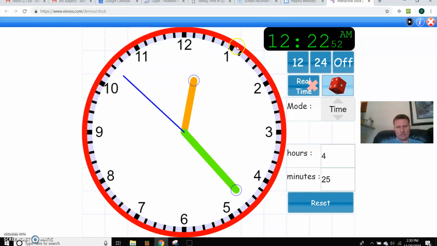Son las. So son las 12:22 de la mañana. Again, I would refer you to the telling time notes. I'd also refer you to practicing your numbers 0 through 60, and that'll be helpful to telling time.